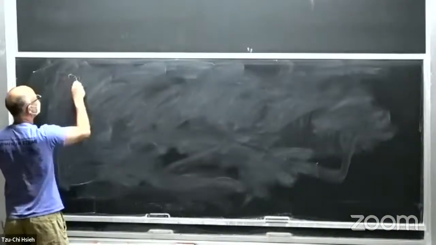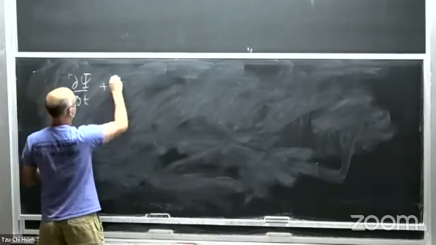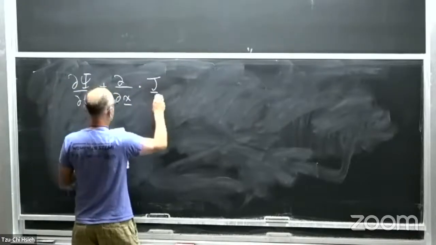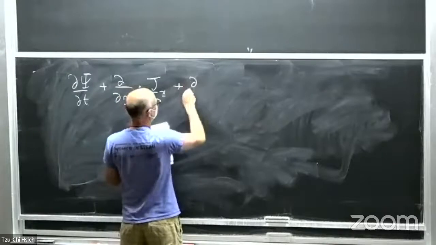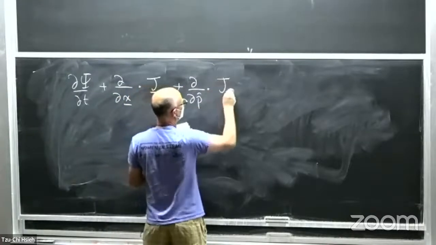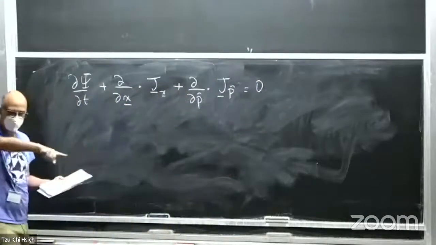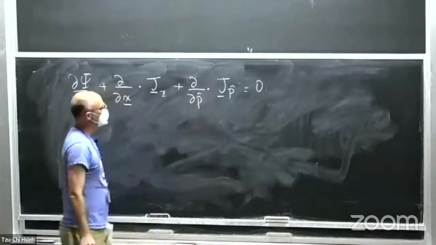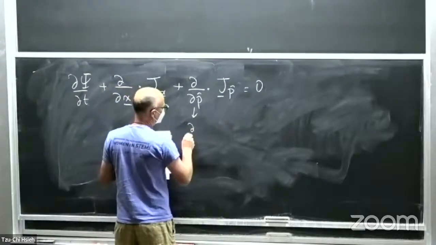So the governing equation for psi. I have a current, I'll explain what these currents are in a moment, but there's one corresponding to x and one corresponding to p. And p is a unit vector, right? So really I should write p theta and p phi, the angular coordinates. So what do I mean by this? I don't want to write all that out.